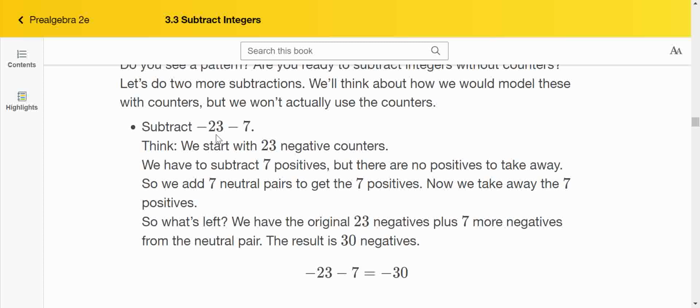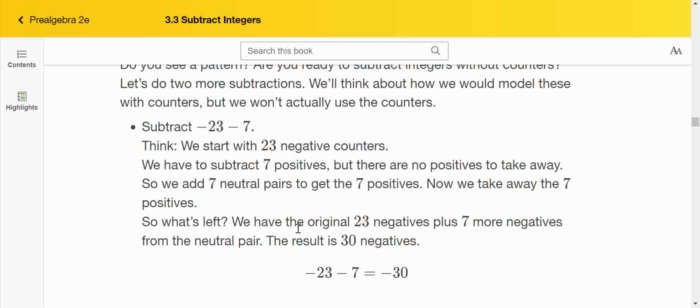Subtract minus 23 minus 7. Think. We start with 23 negative counters. We have to subtract 7 positives, but there are no positives to take away. So, we add 7 neutral pairs to get the 7 positives. Now we take away the 7 positives, so what's left?